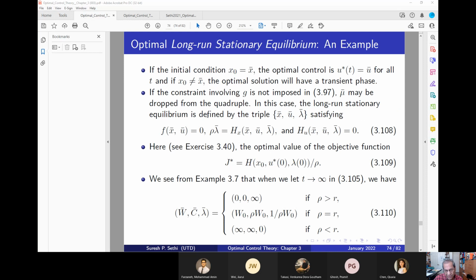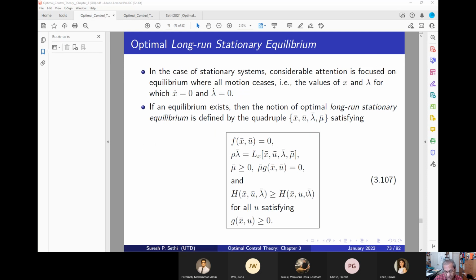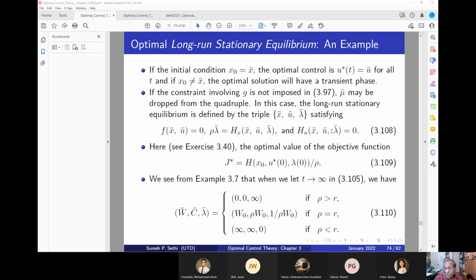The triple is basically given by this equal to 0, this equal to 0, and because there is no constraint on G, the first order condition on the Hamiltonian. So these three are very easy.